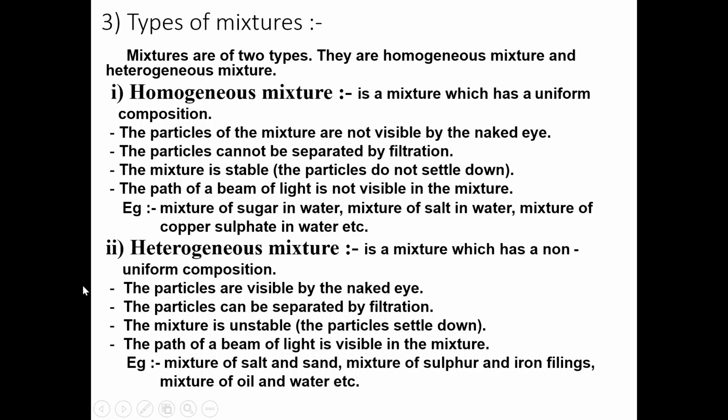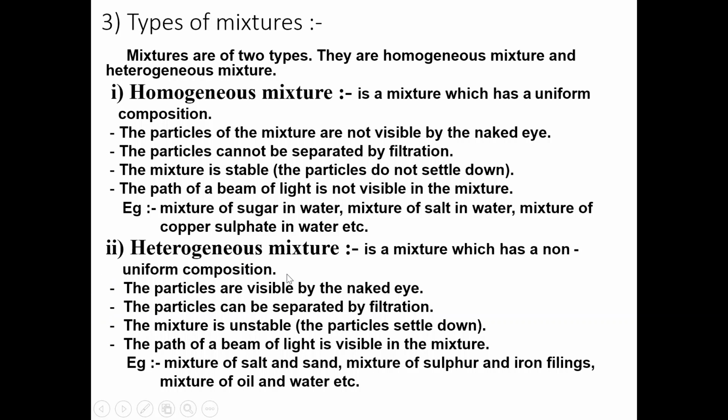The second type of mixture is the heterogeneous mixture. From the name itself we can break down this word. In homogeneous, homo means same or similar, so homogeneous means the same type of substance. And whenever there is a prefix like hetero, we can say that it is regarding different types of substances.